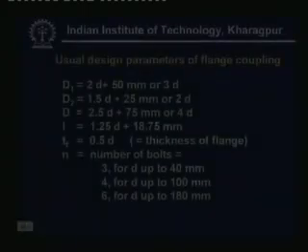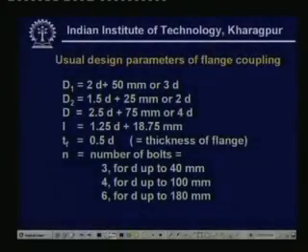Parameters of flange couplings are given here. D1, the bolt circle diameter, is roughly taken to be twice d, small d, that is the diameter of the shaft, plus 50 millimeter, or it may be 3d. Now, why all this?